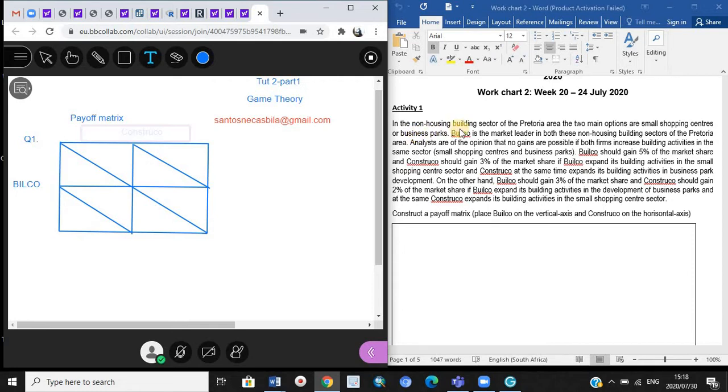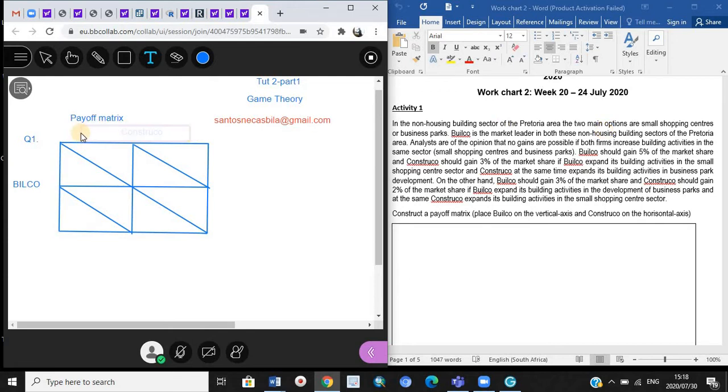First of all, let's just read. In the non-housing building sector of the Pretoria area, the two main options are small shopping centers or business park. These are basically our options, our strategies.